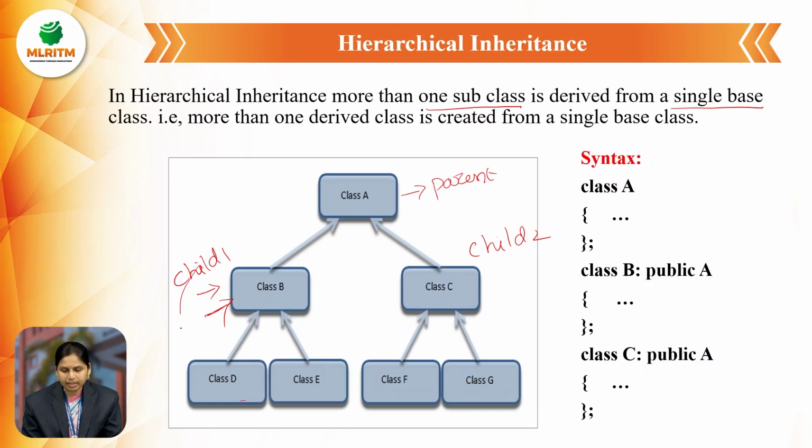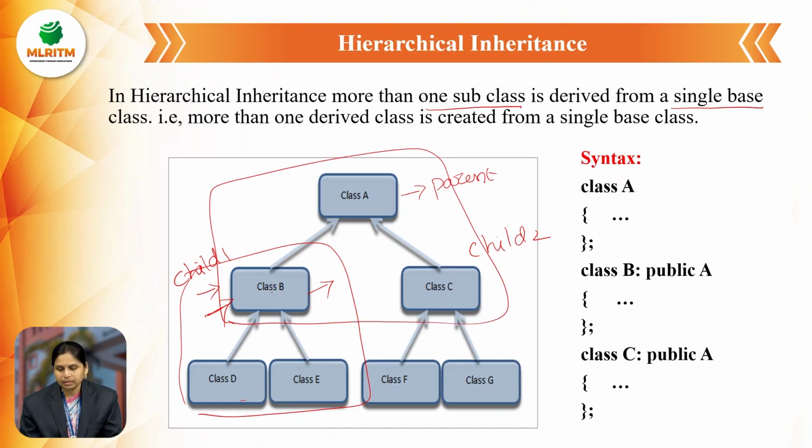When we consider only this part, there is only one parent and more than one child. This is the syntax. So here B and C, these two classes are derived from the same base class. By observing the figure, we can easily frame the syntaxes.